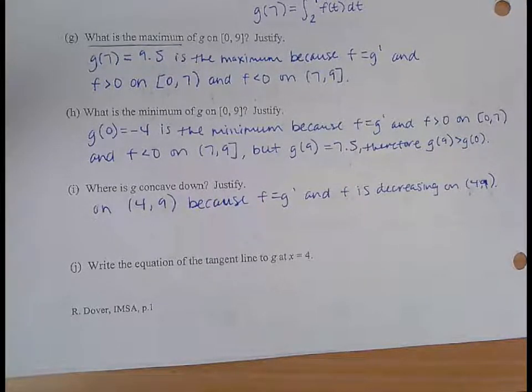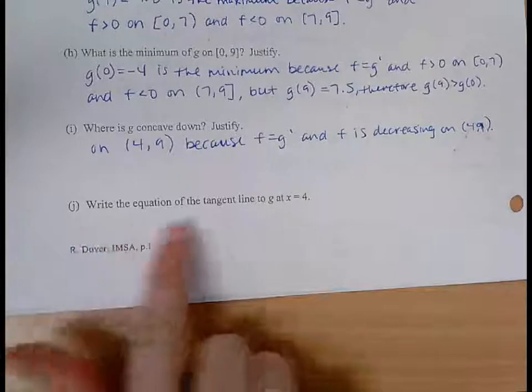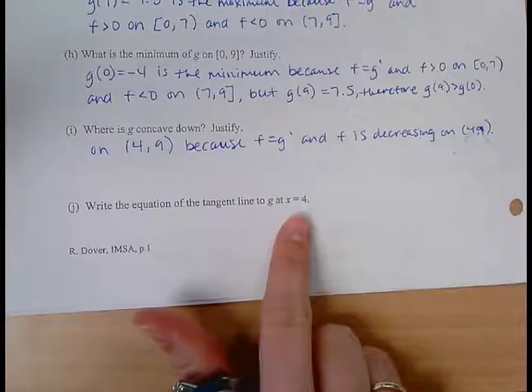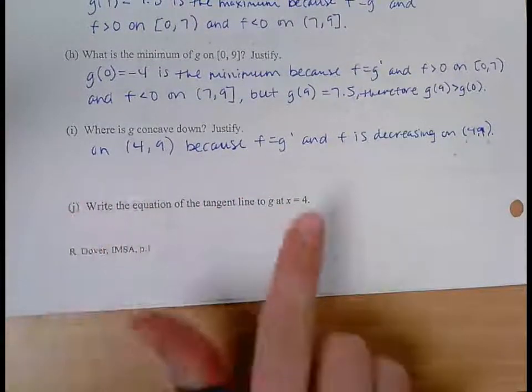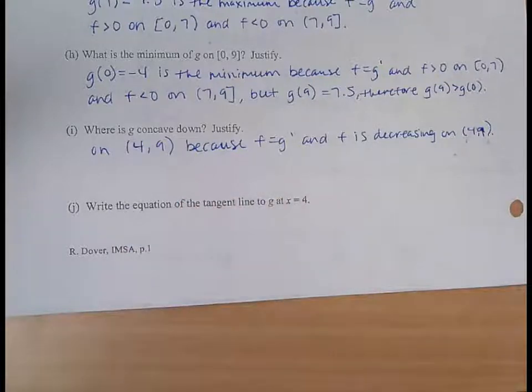I do want to get to at least part A of the next one. But for this part, when it says write the equation of the tangent line, just to discuss how would you do that? Tangent line to g at x equals 4. So you said you need the slope.